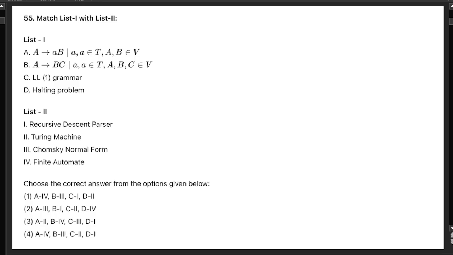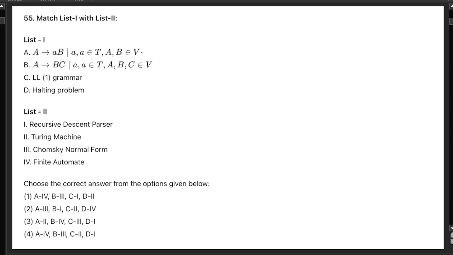Now if we see option A, A is deriving A and B, where A belongs to terminal and AB belongs to variable.